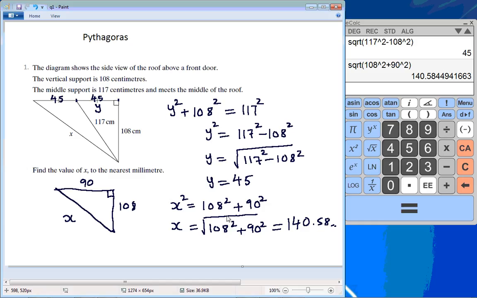Then to the nearest millimeter, which means 1 decimal point, x is equal to 140.6 centimeters.